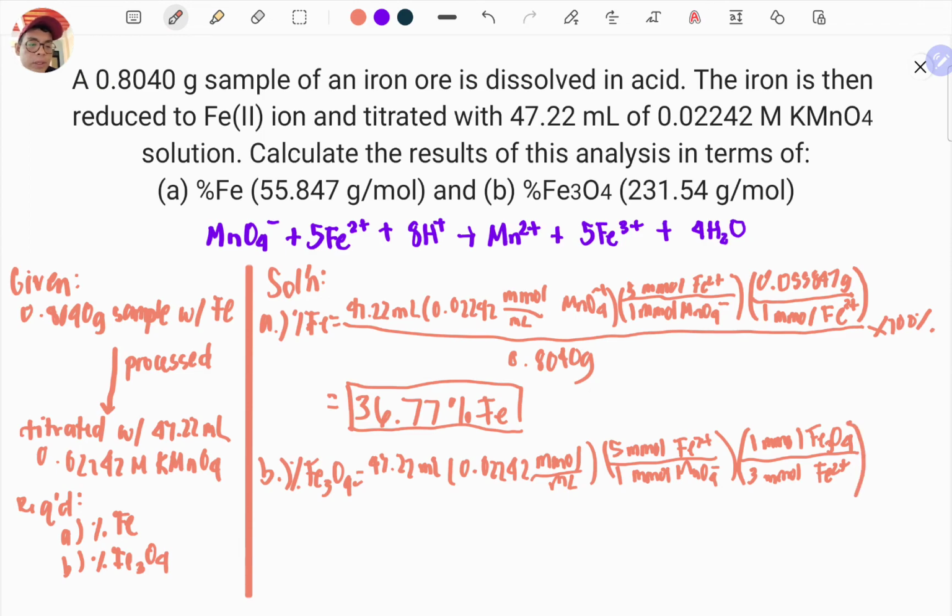And again, we now just have to multiply by the molar mass. I'm now immediately converting it to grams once more. That's 0.23154 grams per 1 millimole. And I'm running out of space. Let me write times 100% over here and divide everything by 0.804 grams.